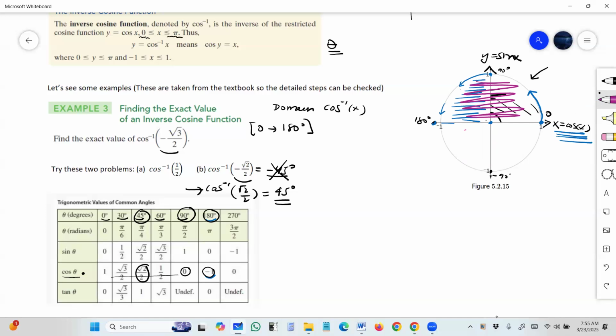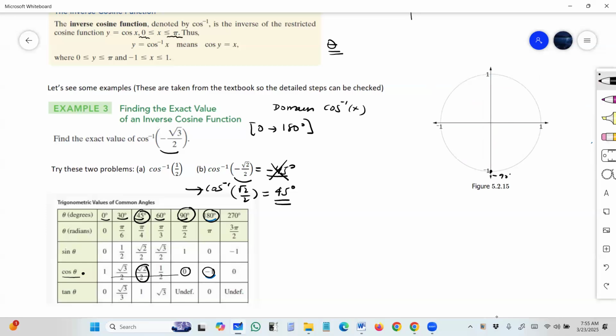So you have to adjust the angle so that you are in the upper part of the circle. How do we do that? It is very easy. Here is x, cosine x. Here was your 45 degrees, but you're negative, so you're here. The angle that you need, knowing that this location is 180, goes all the way from 0 to here, which is just 180 minus the 45.